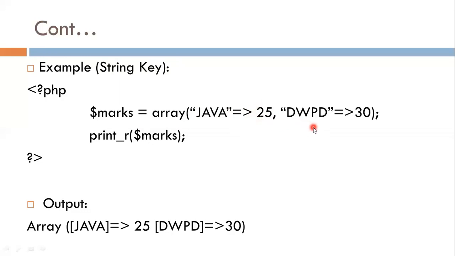Then again the DWPD subject, which is also a string, so write it in double quotation marks, then equal-to-greater-than, then 30, and then the parenthesis and semicolon. Now after creating the array $marks, to print the value of each and every subject with marks, use the print_r function. So the output of this code is like this: Array, in brackets the key Java, and associated marks is 25. Then DWPD, which is also a key, and associated marks is 30.